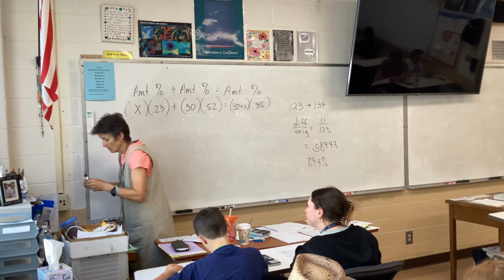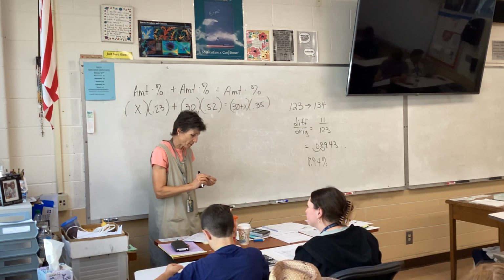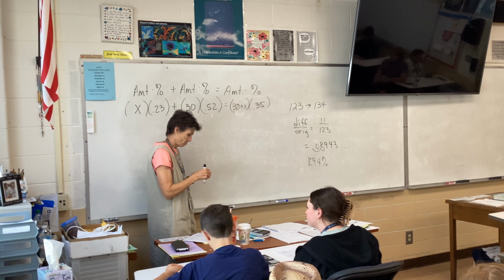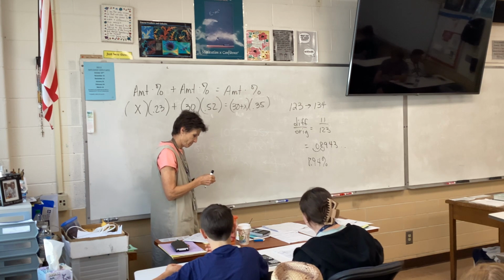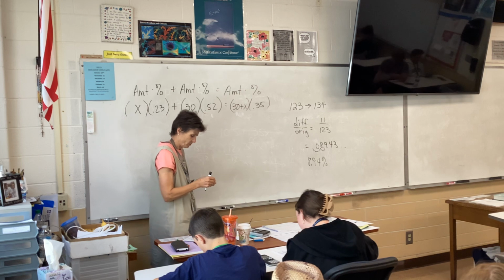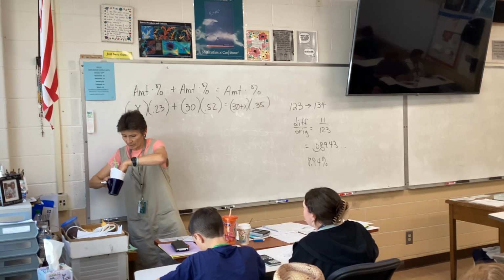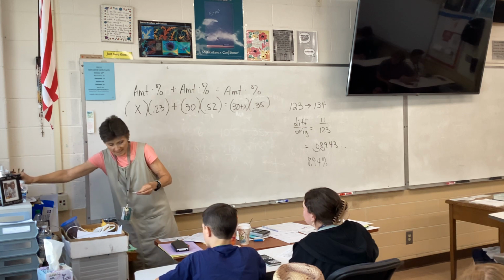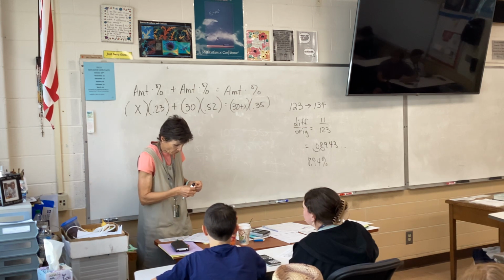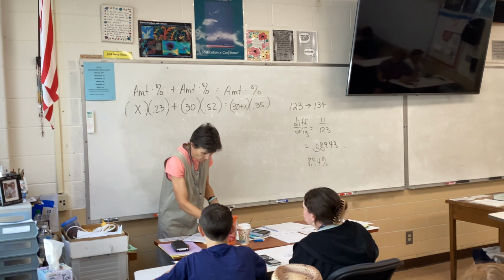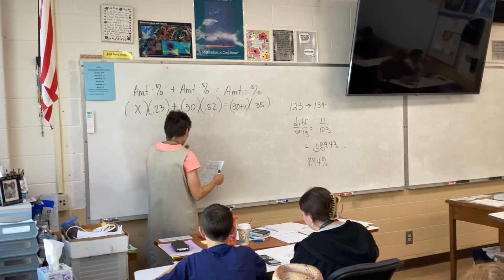Okay. Last page is our graphing page. So what are we going to do here? Well, let's start by looking at what our original shape is. Ooh, it's kind of a complicated one.